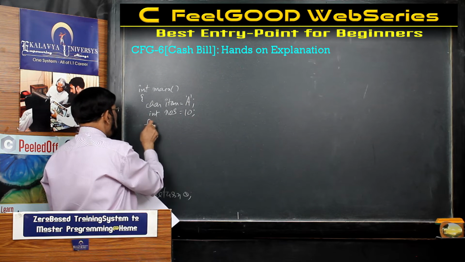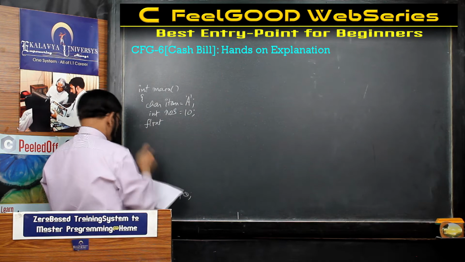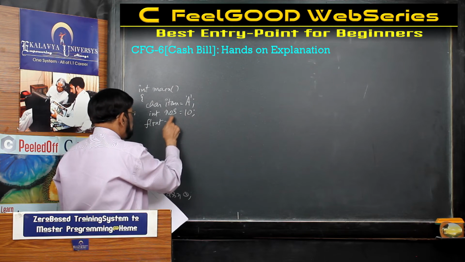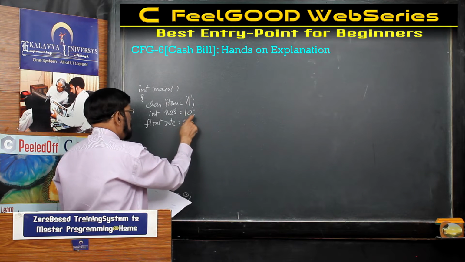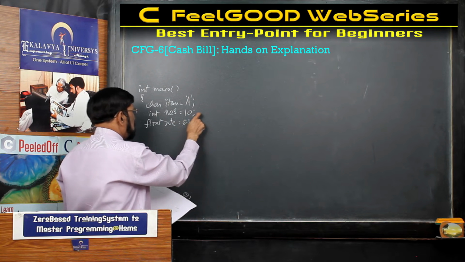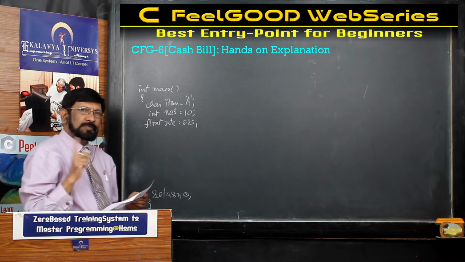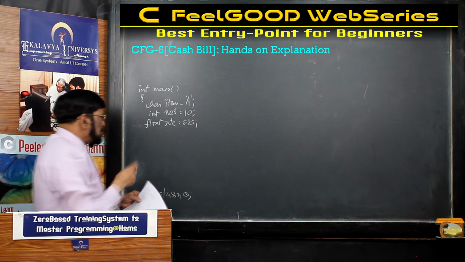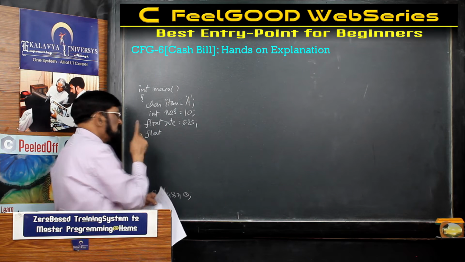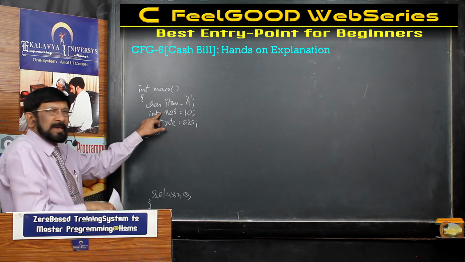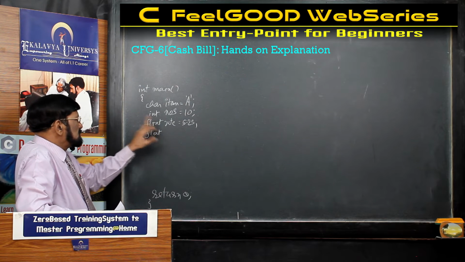Okay. Next, float rate is 5.25. Okay. These 3 are input variables we initialize. But as far as amount is concerned, we could understand the type by how we are multiplying int versus float.